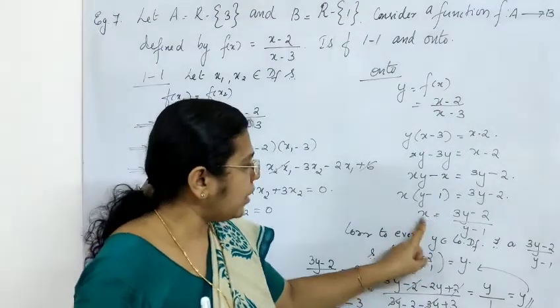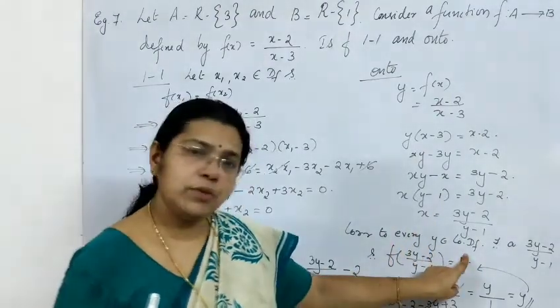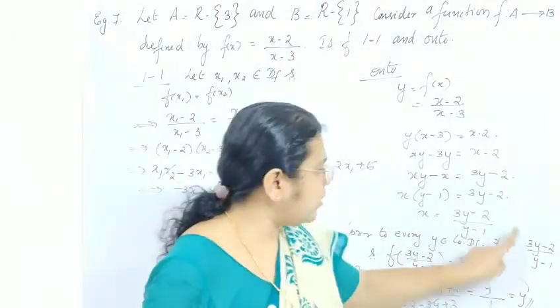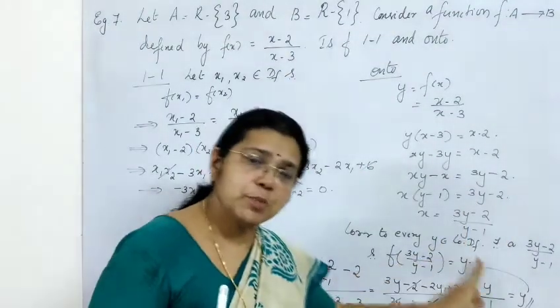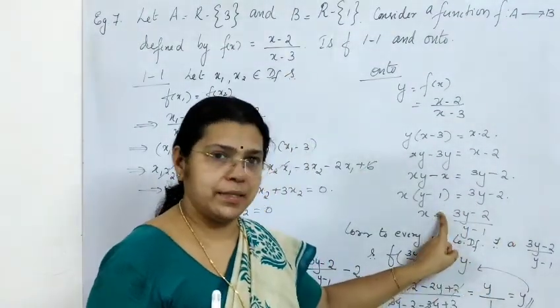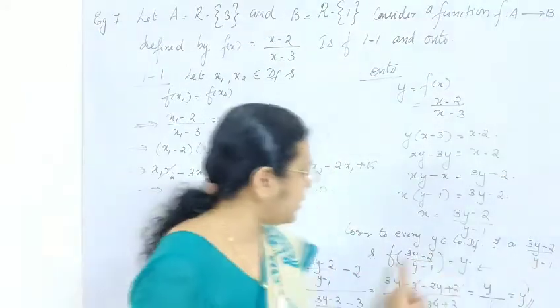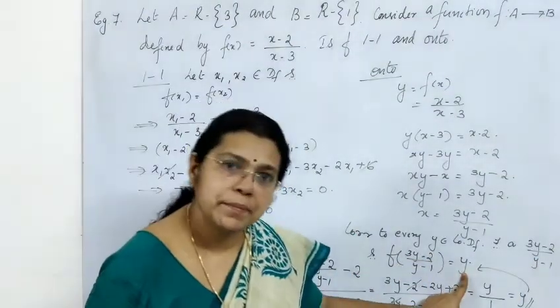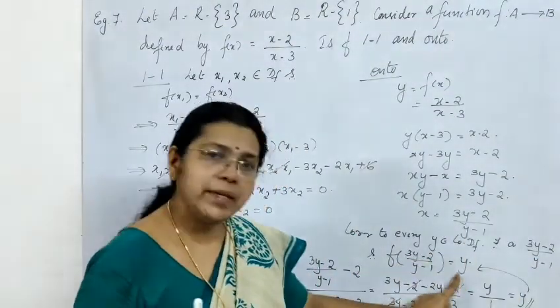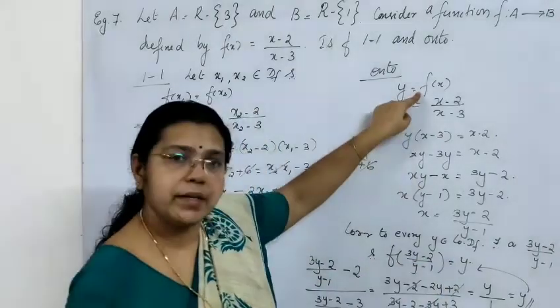Corresponding to every y that belongs to the codomain of the function, there exists this expression. This expression gives you x, okay? f of x is equal to y. That is exactly the same as what I have written here.